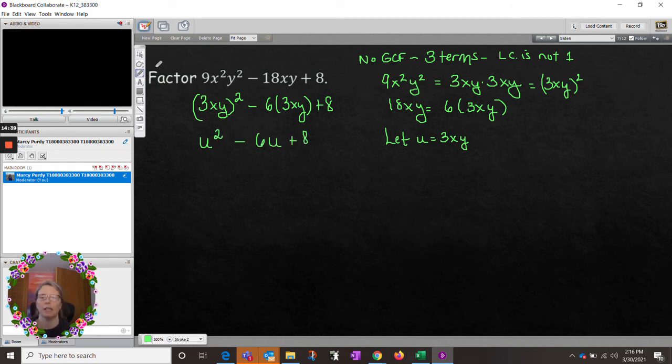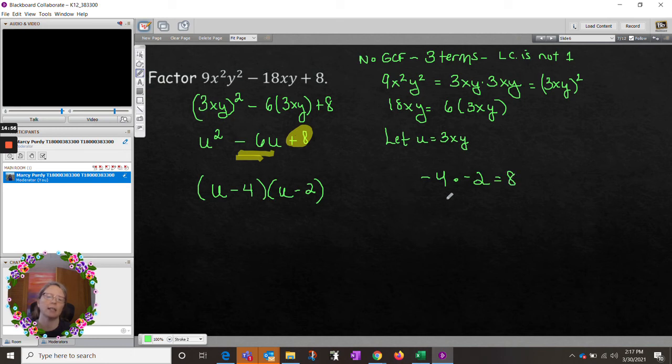And then we have an easier problem to factor. So you're looking for factor pairs of 8 that add to give you a negative 6. So it would be u minus 4 and u minus 2, because -4 times -2 is 8, and -4 plus -2 is -6. So replace your u with 3xy, and this is what you get.